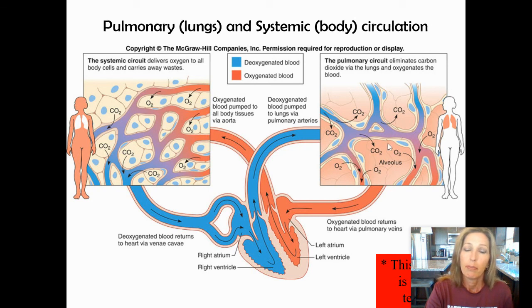And based on diffusion, because if I breathe in a high concentration of oxygen, and now I've got my capillaries that have oxygen poor blood, well, carbon dioxide is going to diffuse into my alveoli, oxygen is going to diffuse into my blood, and this is actually how we exchange oxygen and carbon dioxide with the environment, through the alveoli of the capillaries.